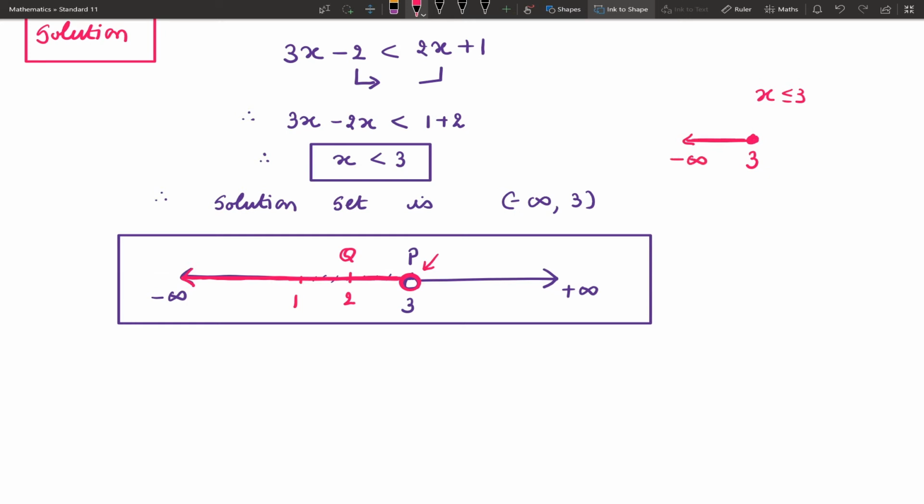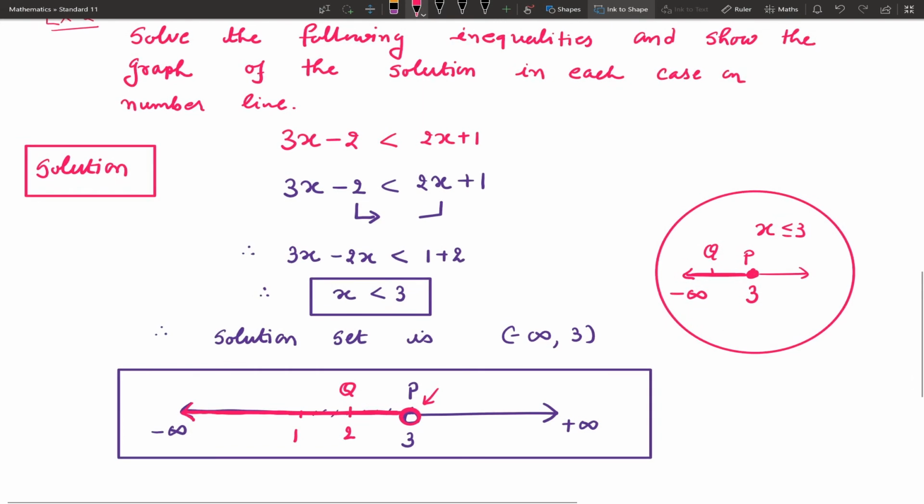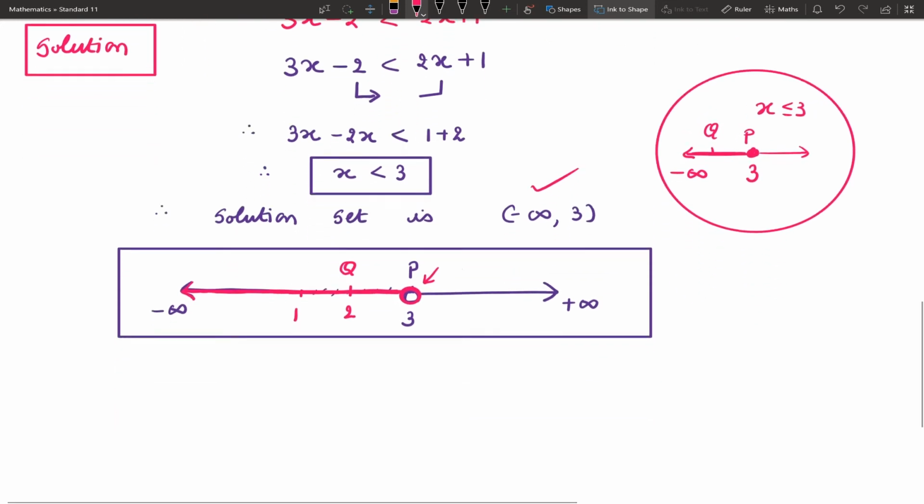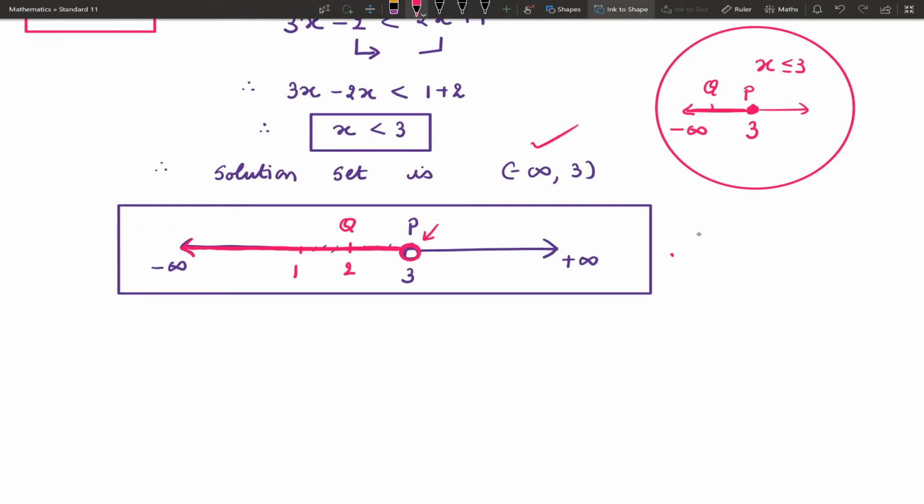So in the case of slack inequality, here we have denoted the solution for these inequalities. We take the next example. So the solution is the open interval minus infinity to 3, and we have denoted it on the number line.